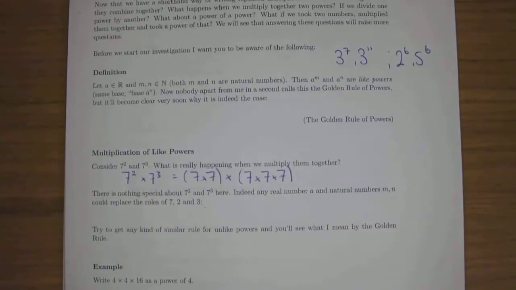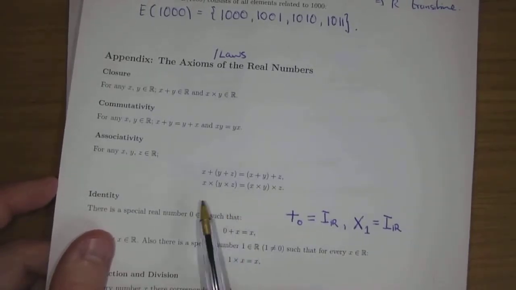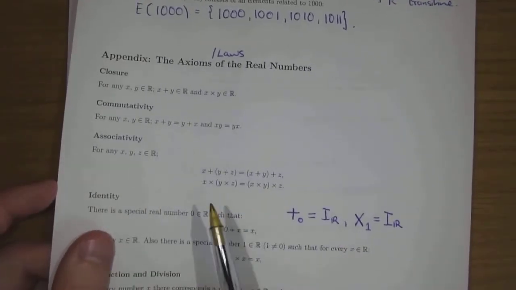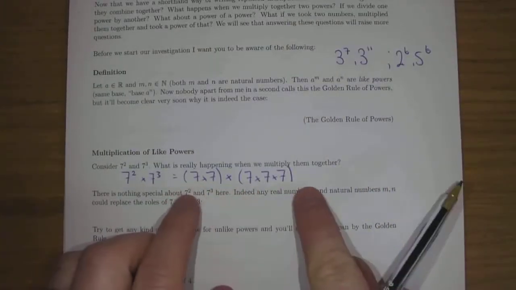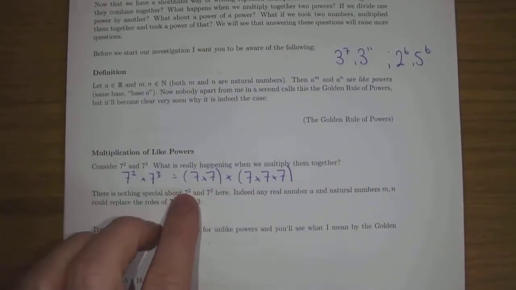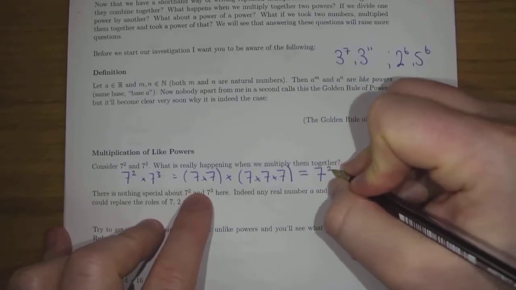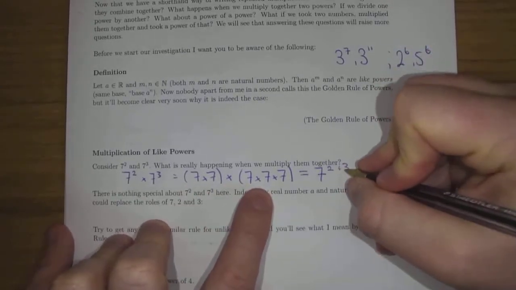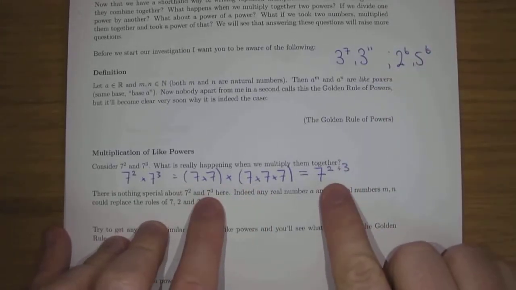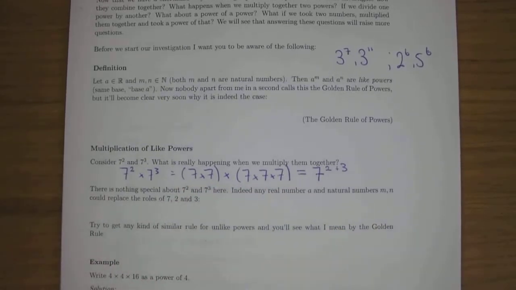And now we use associativity, which says when you have lots of things multiplied together, it doesn't matter what order you do it in. And in fact, you can change the order if you want. So however way you cut it, this is 5 7s multiplied together. In particular, it's 2 7s plus 3 7s, in other words 5 7s multiplied together. Nothing special here about 7 squared or 7 cubed.